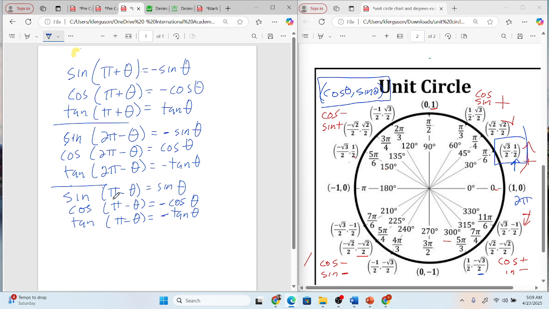And then vice versa here. If I've got pi minus theta, so pi is 180 degrees, so let's just do 30 again. 180 minus 30 is 150. So if I start with sine of 30 degrees, that's positive. Right here, my sine ends up being positive.